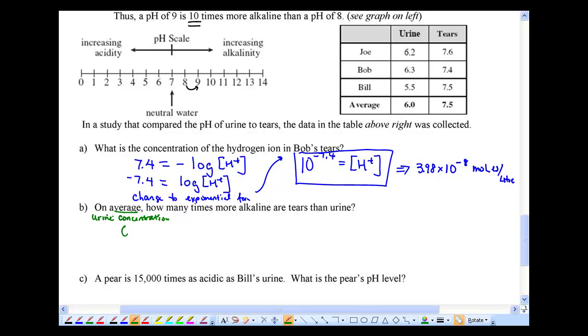So that'd be 6 equals negative log H, not squared, H plus. Move the negative to the side. Change the exponential form, so 10 to the power of negative 6 equals the concentration of the urine. We're going to do the exact same thing now with the tears, and I'm going to ask you to do that now on your own. I won't speak, but you should be able to do it.